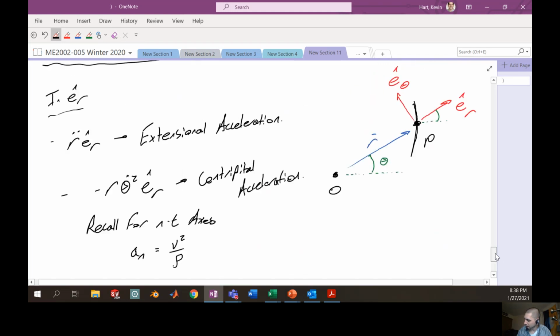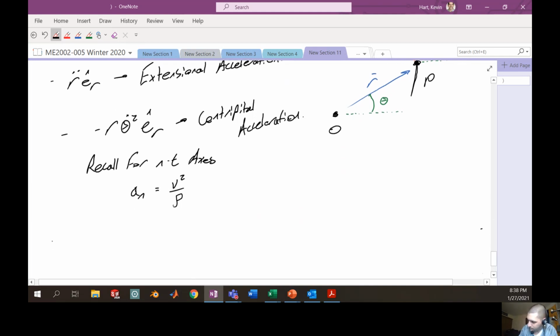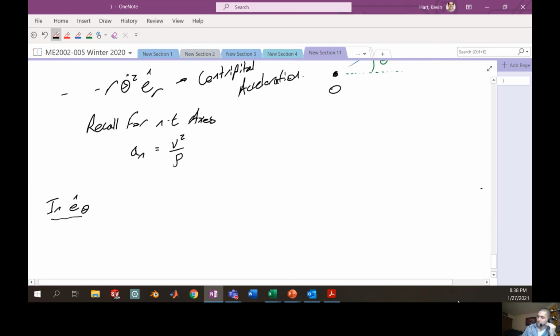Okay. The next acceleration terms we have to think about are terms that exist in this general theta direction. So in this tangential direction, our particle has some motion, especially if it's moving along a curve. We know that it has some general motion in that e hat theta direction.